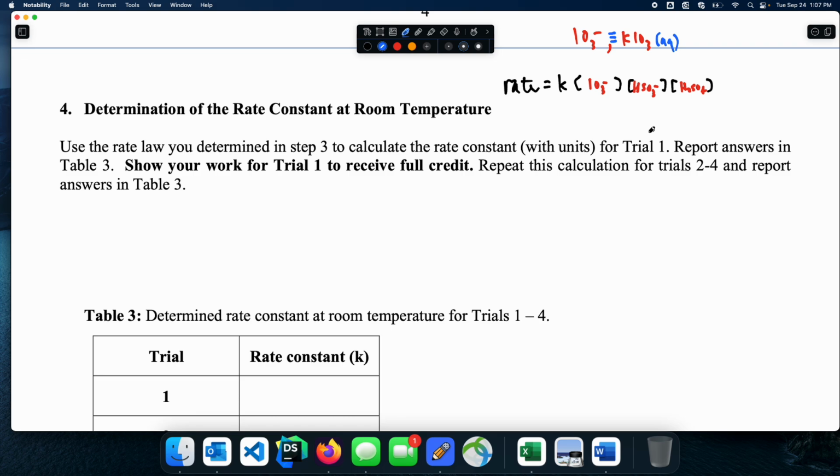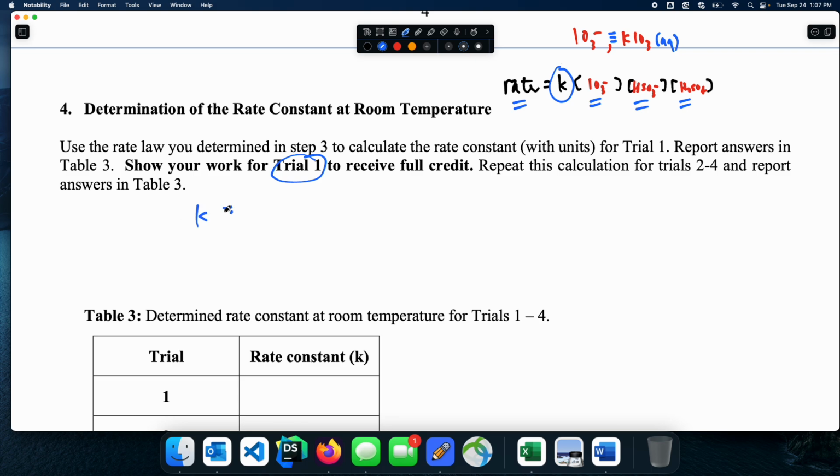So let's look at this, my rate law. Now I know everything. For trial 1, I know the rate, and I know the concentration of iodate, and I know that, and I know that. This is the only thing I don't know. I'm very comfortable with algebraic manipulation.